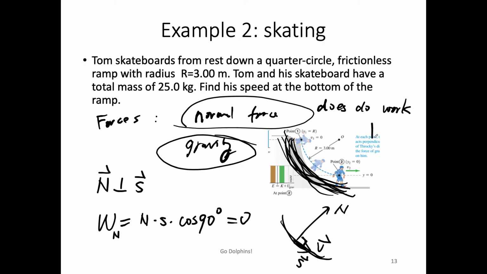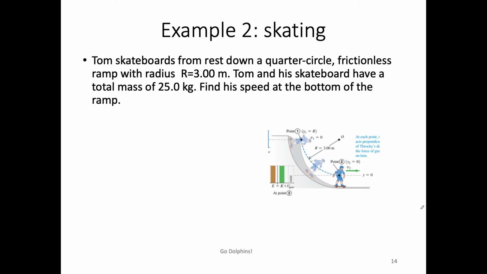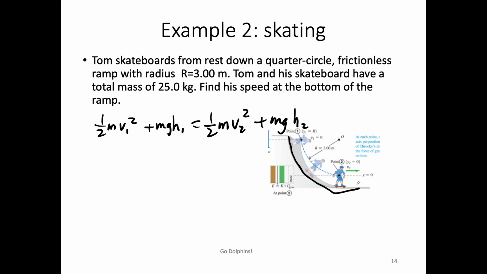So we have mechanical energy conservation. We can write down the conservation equation: 1/2 m v1 squared plus mgh1 equals 1/2 m v2 squared plus mgh2. Now it's a quarter circle, so if you draw it, we can find that the height between h1 and h2 is just the radius r equals 3 meters.